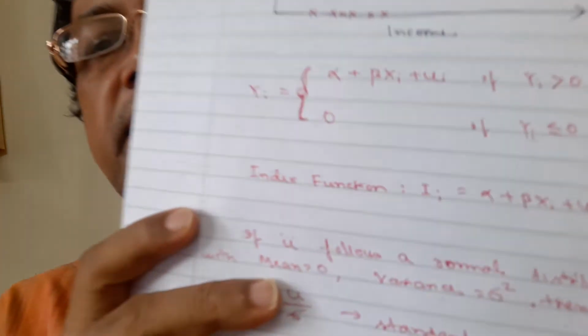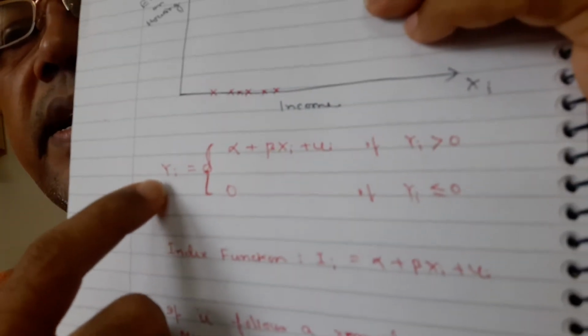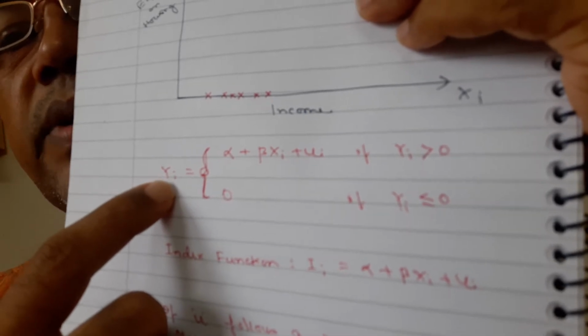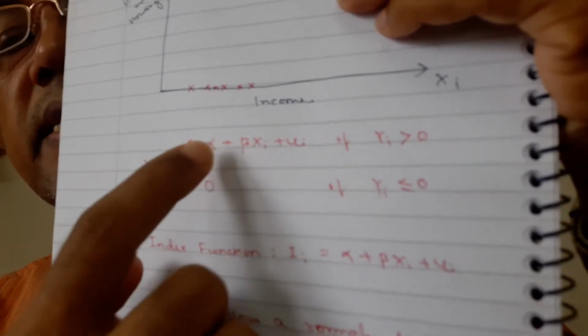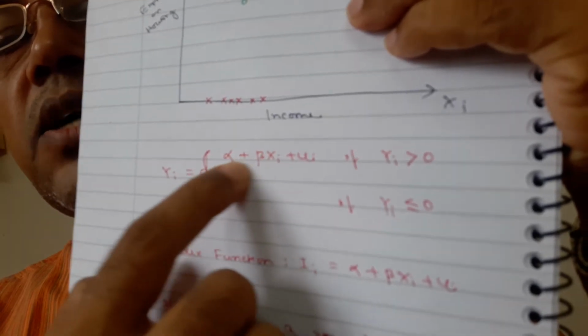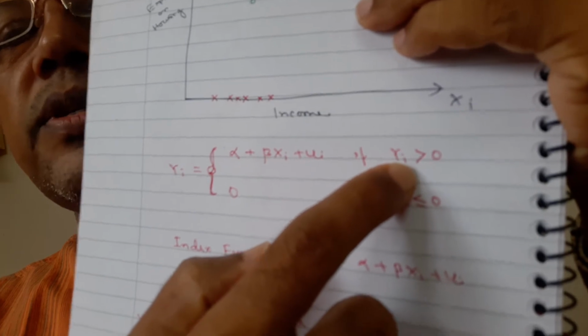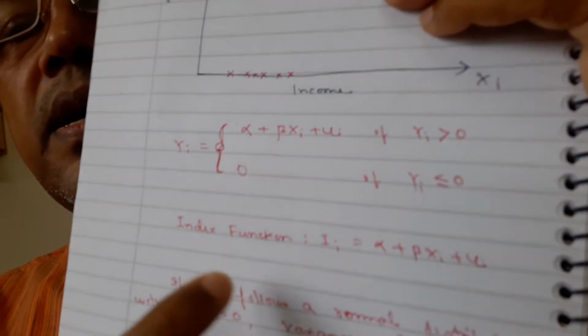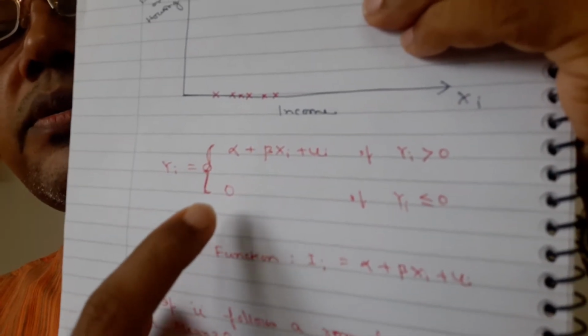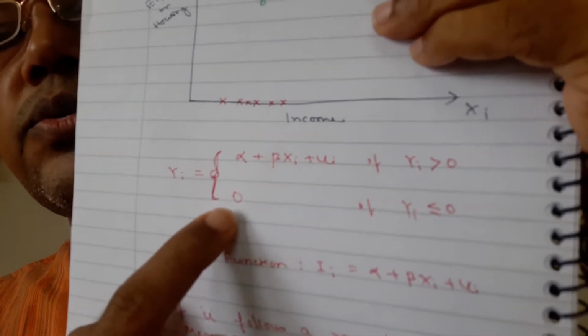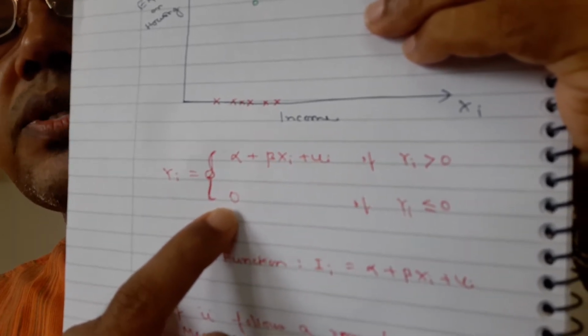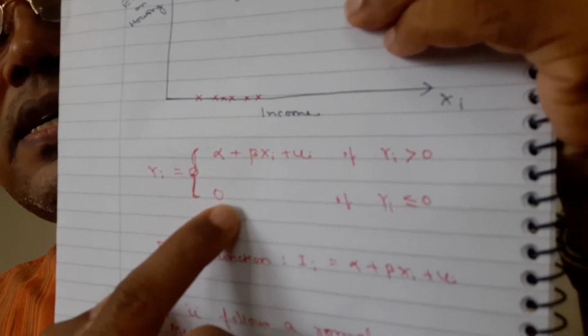The other way of looking at it is to mathematically specify this type of model, where yi, the amount of spending on housing, is given by this function, and this is observable for those households who spent some positive amount on buying an apartment. For those households who didn't buy an apartment or house, the value of yi is 0.